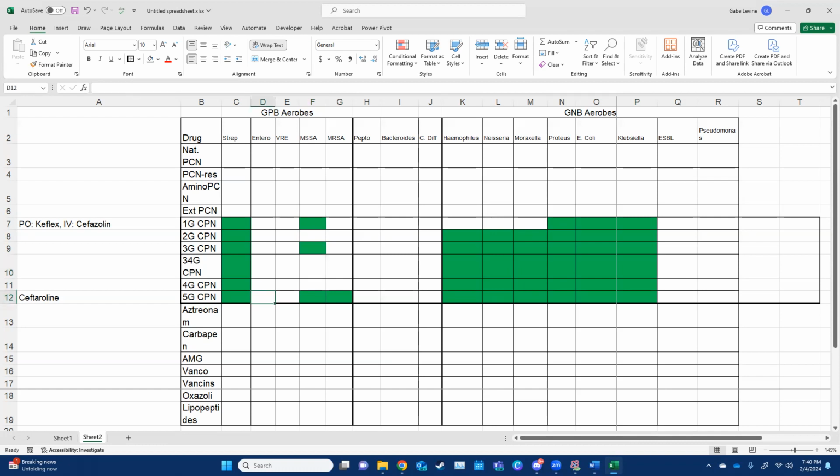Yep. Does it have enterococcus? Yes, because it's broad spectrum. Oops. There we go.